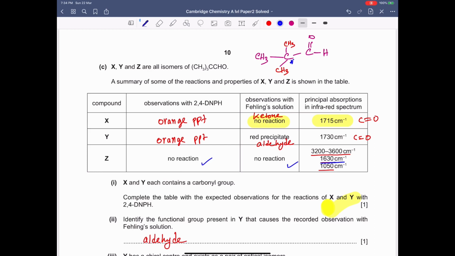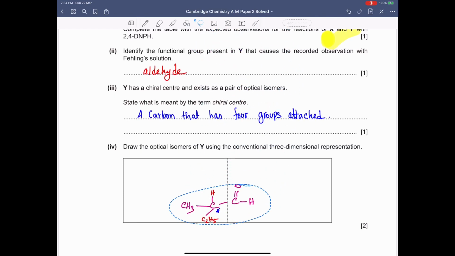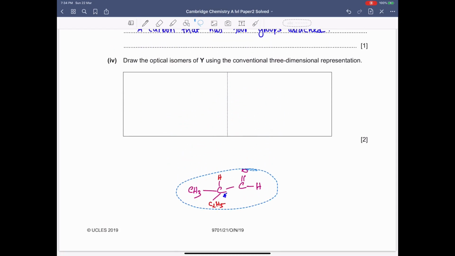So what we can do is reduce the number of carbons from here, put a hydrogen, and make this into an ethyl group, and that turns the carbon into a chiral carbon. Now, since we are going to be using a conventional method, let's use it as our basis.